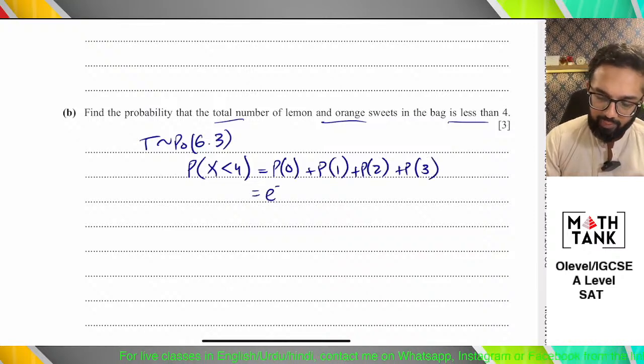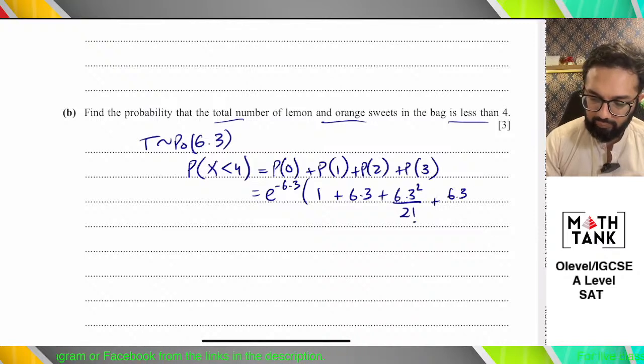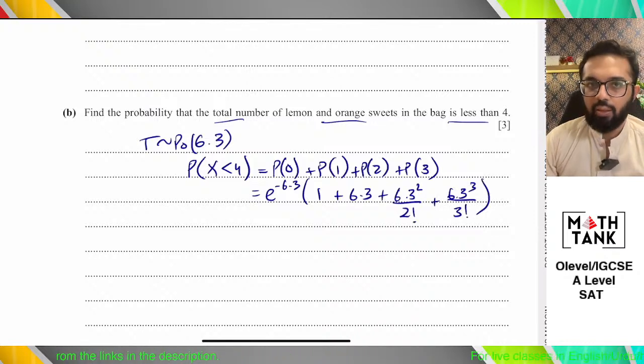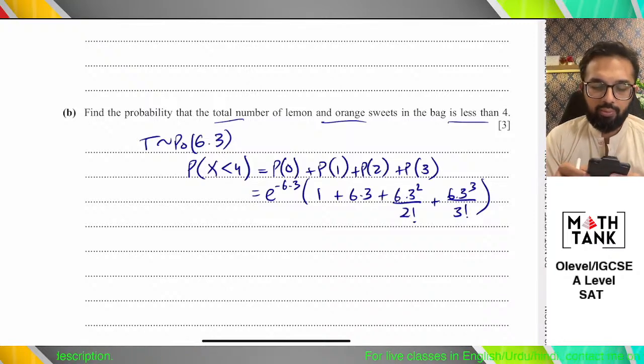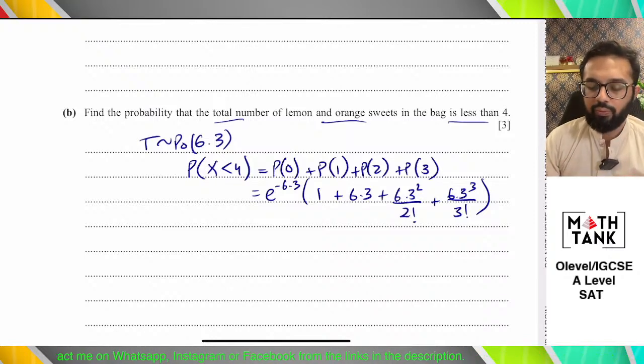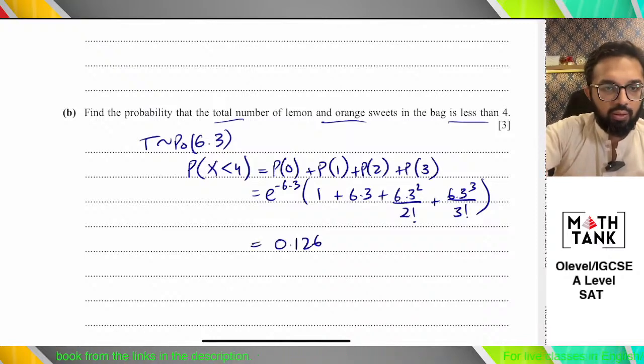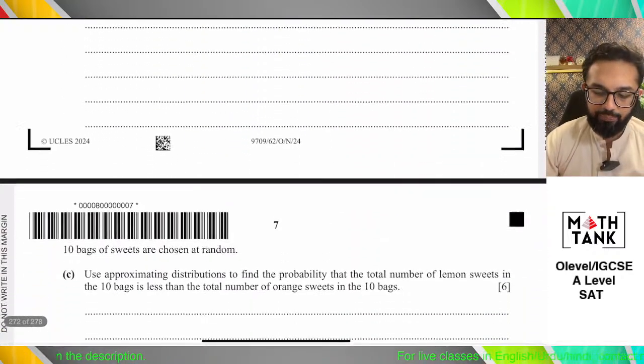I will write this down in a more convenient way, and use my calculator to quickly calculate. 0.1264, 0.126 basically. I hope that's the correct answer. Yes, that is indeed the correct answer.